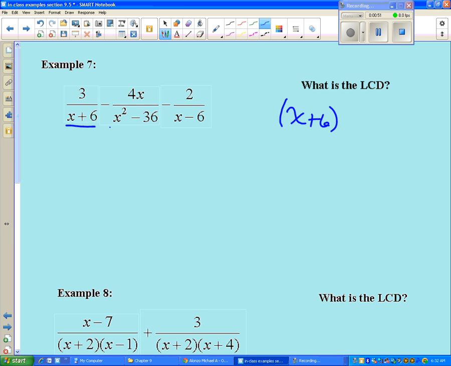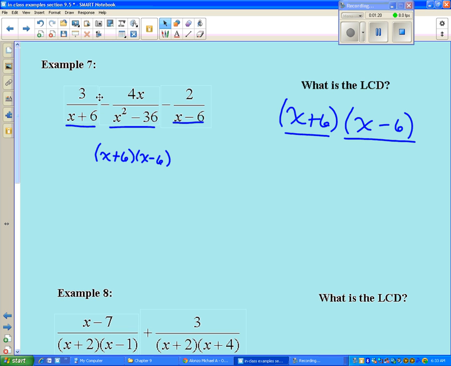This middle denominator, x squared minus 36, remember that is a difference of squares, so that's x plus 6 times x minus 6. I already have an x plus 6, so I'm going to add the x minus 6. And then in the third denominator, I need an x plus 6, which I already have. So my least common denominator is x plus 6 times x minus 6.